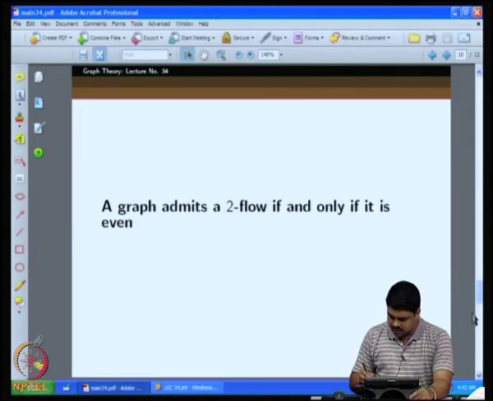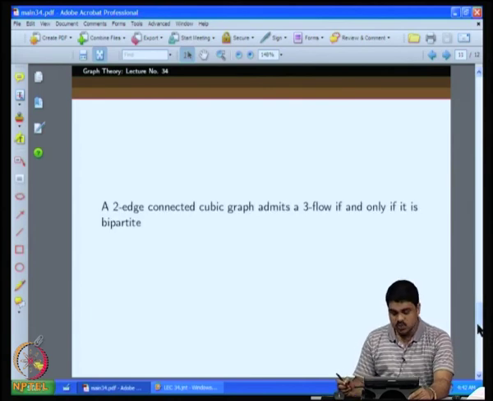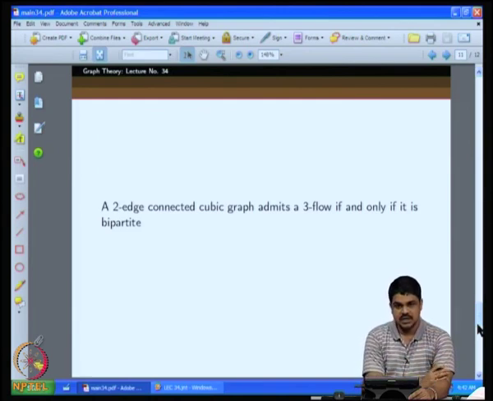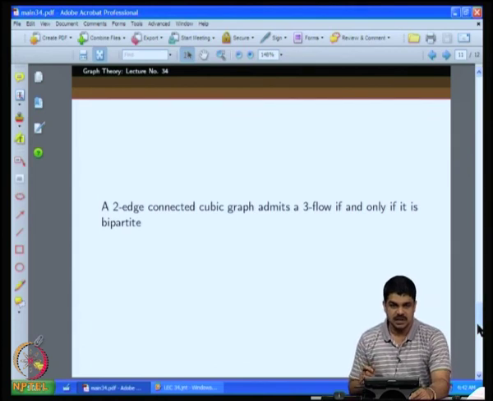Similarly, another statement we can make is about any 2 edge connected cubic graph. 2 edge connected is required, because if there is a bridge, as we have seen, it is a cut of just one edge, and its value has to be 0, but we are talking about nowhere 0 flows. Therefore, 2 edge connectivity is a must.